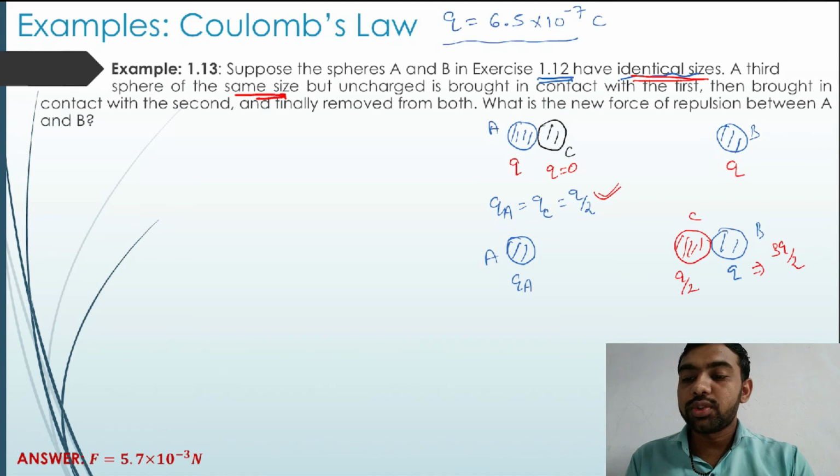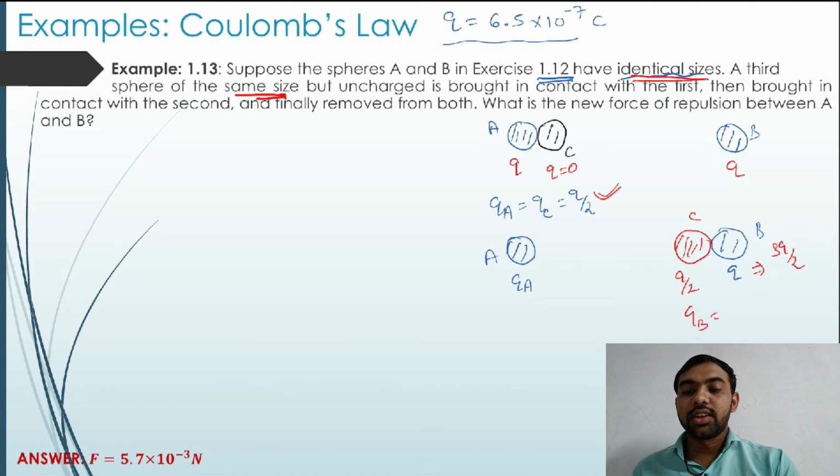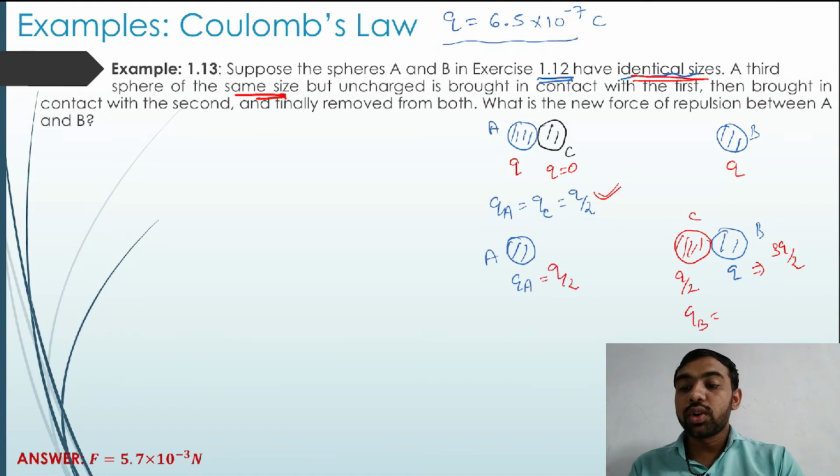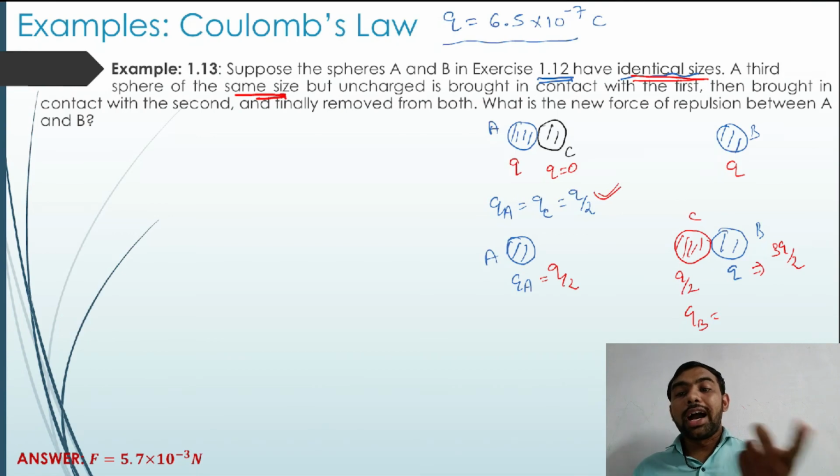मतलब उसके बाद QC पे और QB पे क्या आ जाएगा? देखो, what is the QB now in this next case. So QA is equal to what? Q by 2, and QB is equal to what? 3Q by 2.